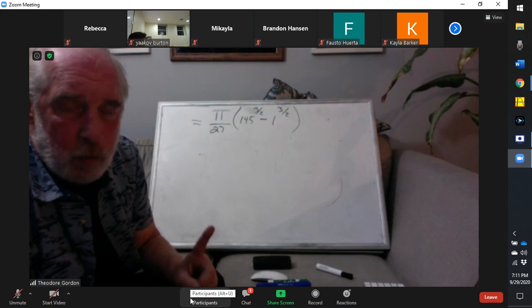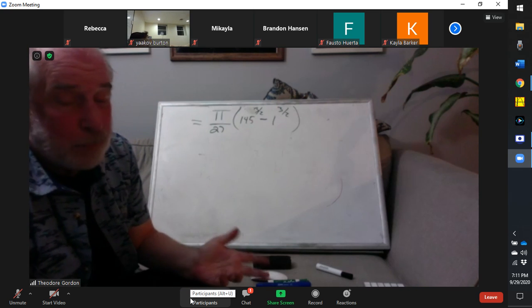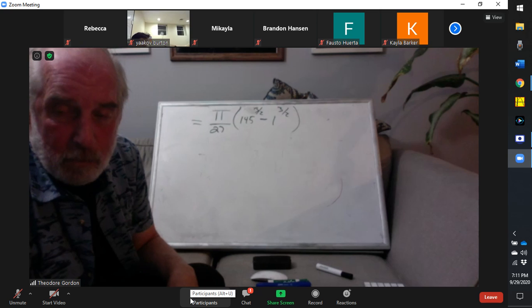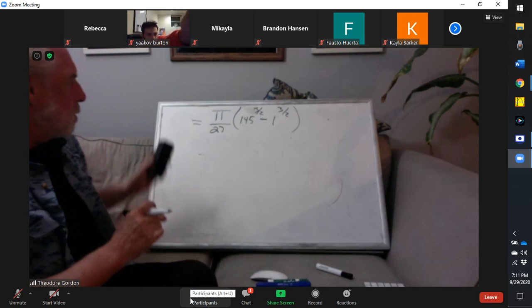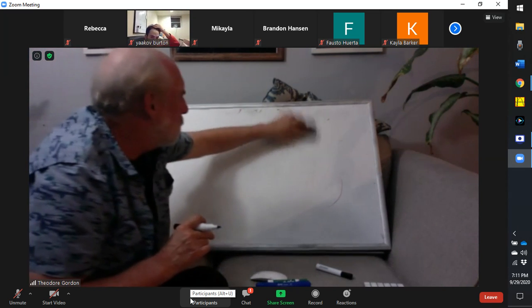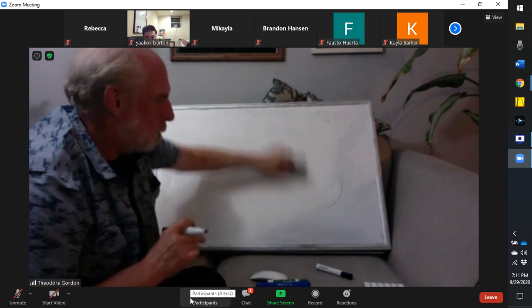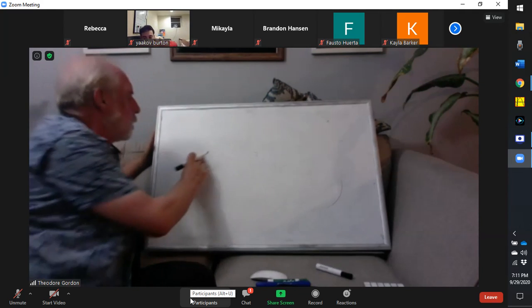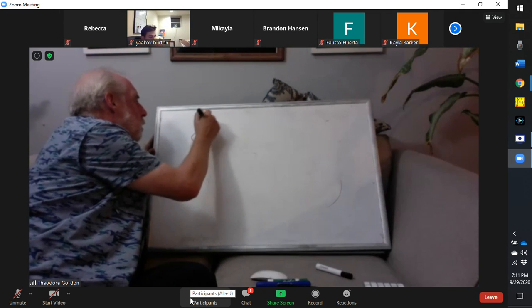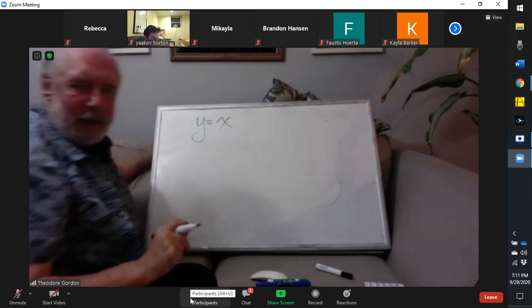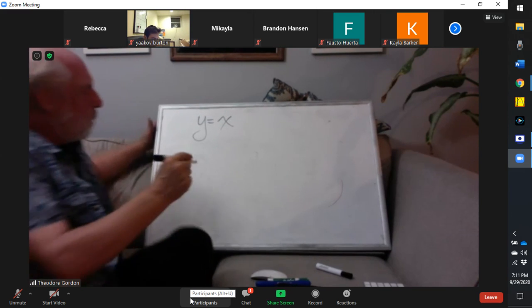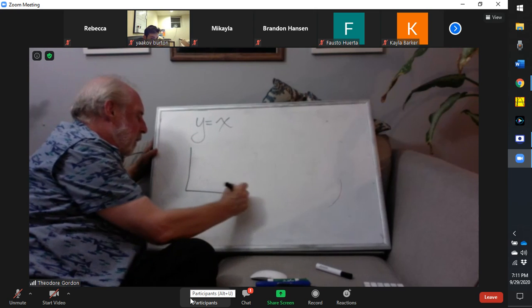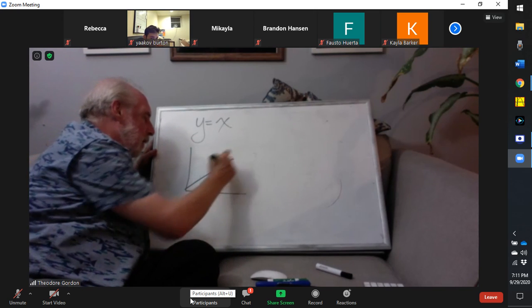So I'm just going to do one more simple example, and that's it for surface area. Okay, one more simple little example. y equals x. Doesn't get a whole lot more simple than that. So y equals x looks like this. It's a 45-degree line.